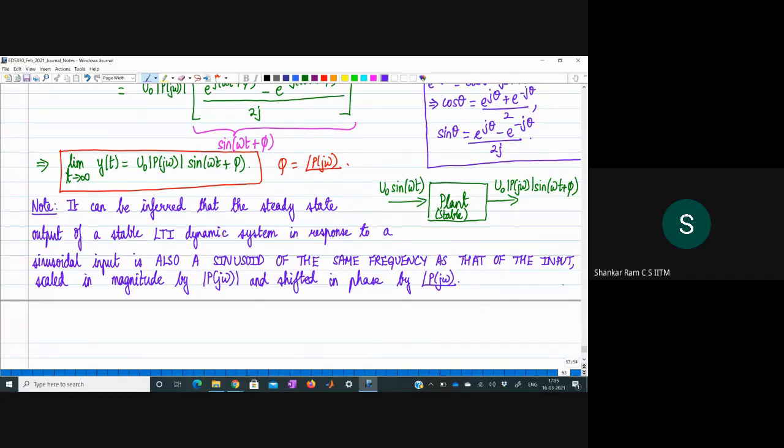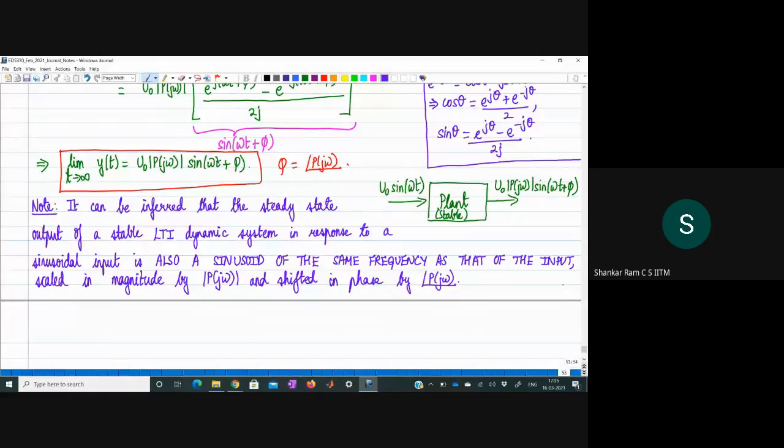We have a stable linear time invariant system to begin with. We provide a sinusoidal input of the form u0 sine omega t. Then we wait long enough and look at the steady state output. The steady state output has the same frequency as the input.